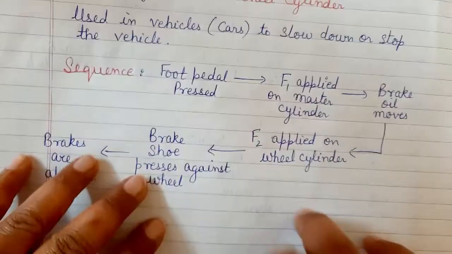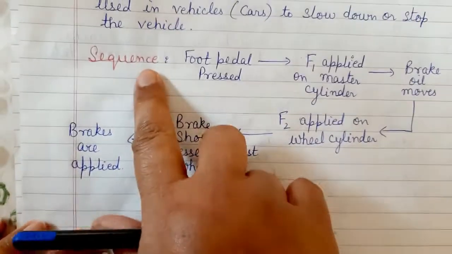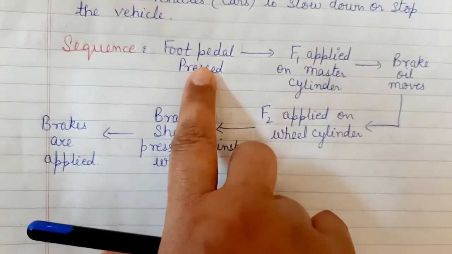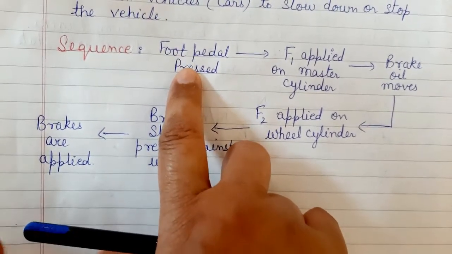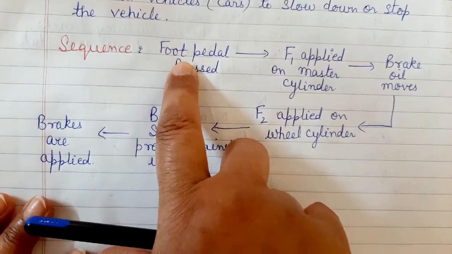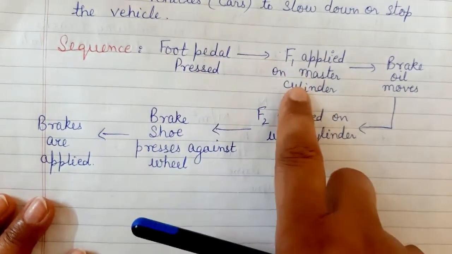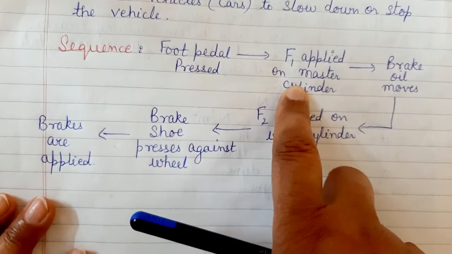Now I have drawn a small sequence for you over here, showing how this works. Actually what happens, we have a foot pedal inside the car which is used as the brake. Now when we press that brake, the pressure gets applied as a force on the master cylinder, which is inside the bonnet of the car, in which brake oil is filled.